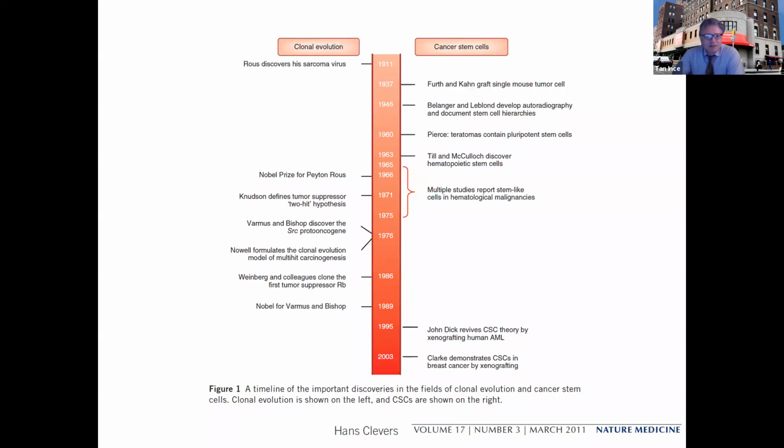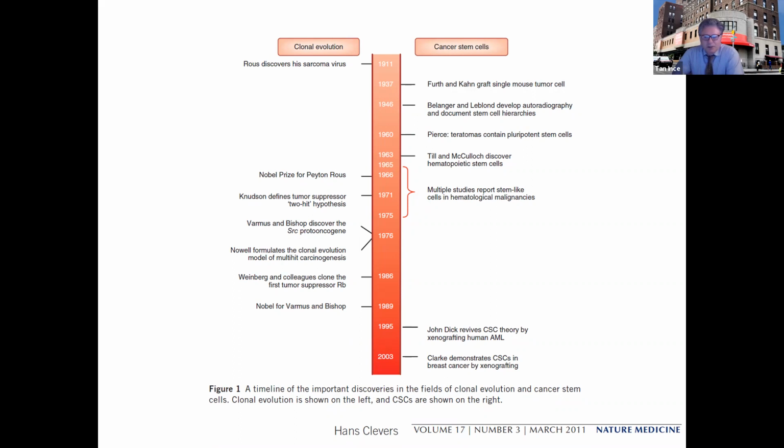But after the 70s, with the advent of molecular biology, after discovery of DNA, the double helix, the genomics research took off. But now in the last 10 to 15 years, cancer stem cell area is getting new attention.